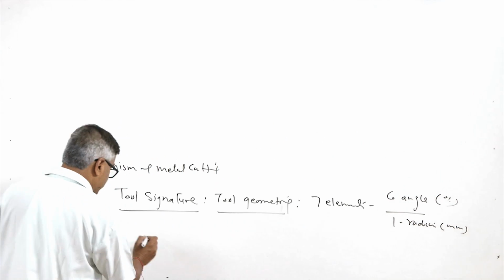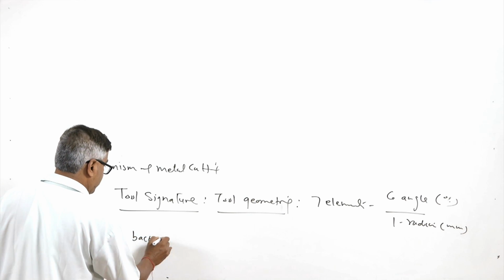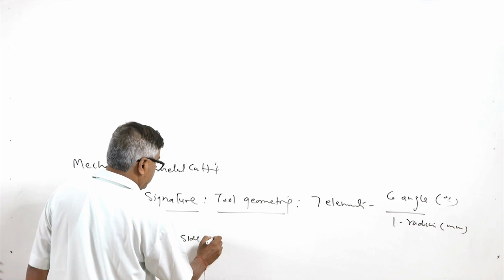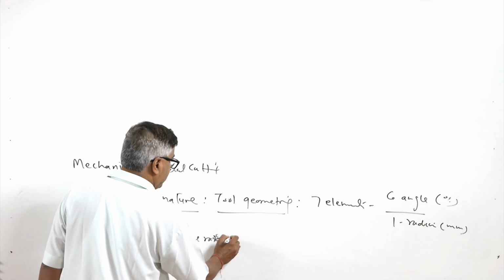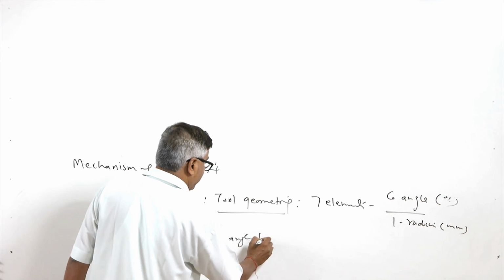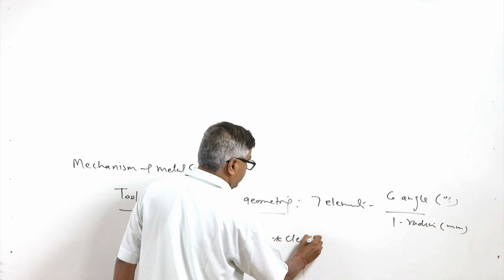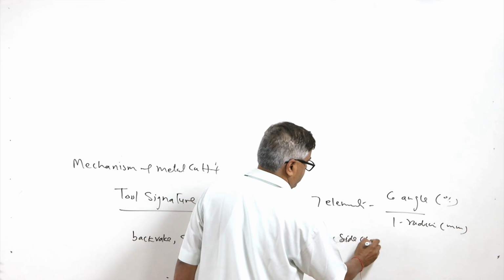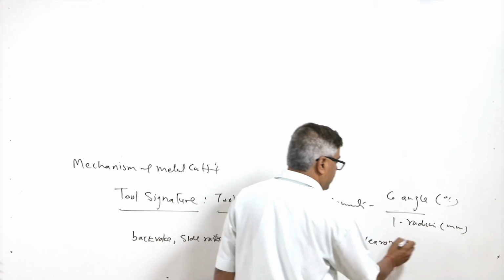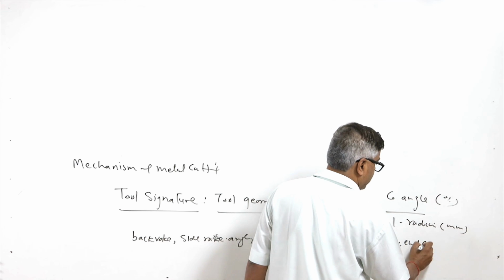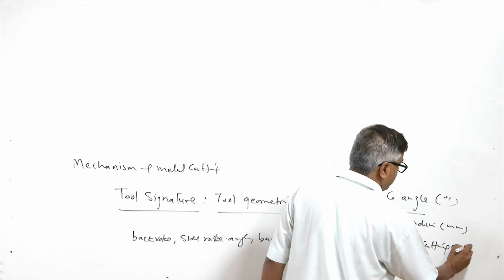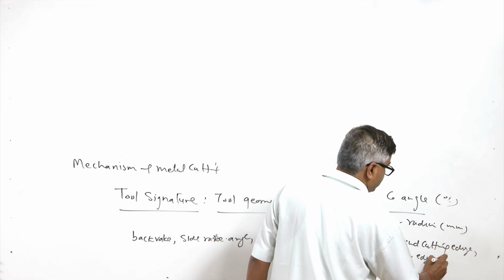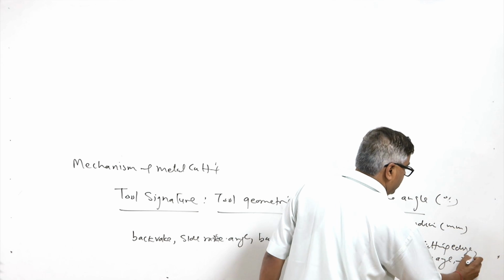So, it starts with the back rake angle, then side rake angle, back clearance angle, side clearance angle, and then end cutting edge angle and side cutting edge angle, and the last one is the nose radius.